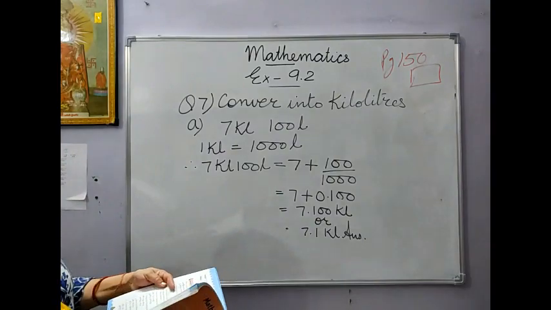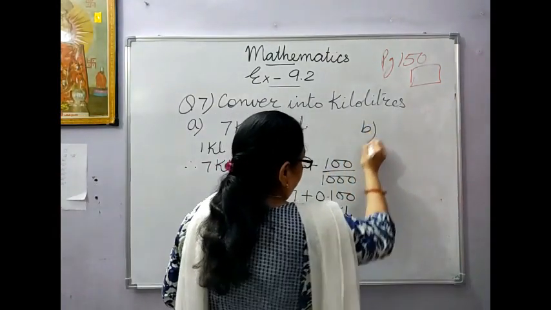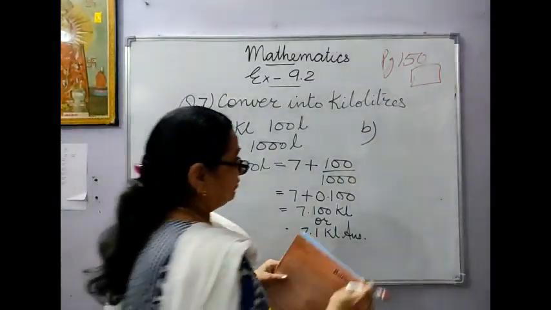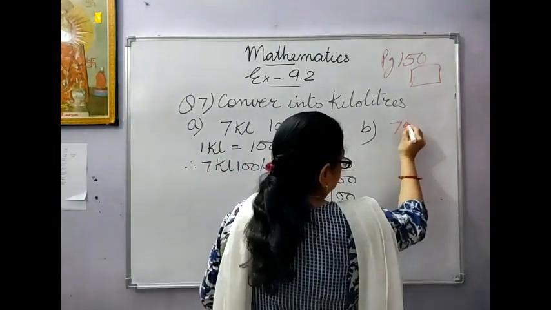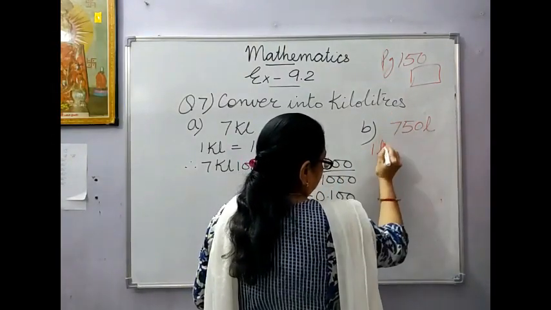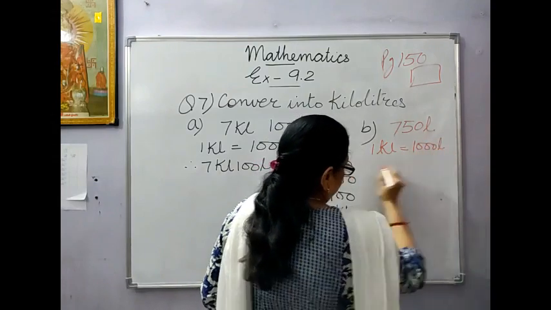Okay. Then sum number B. 750 liter. 1 kiloliter is equal to 1000 liter.